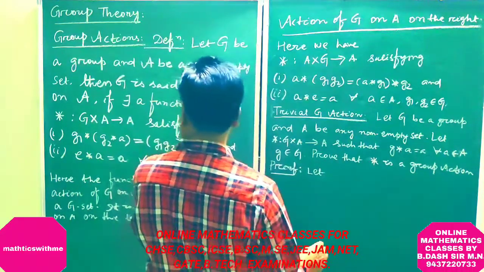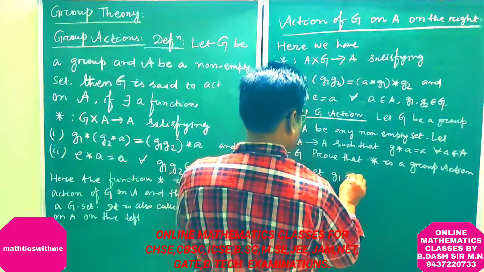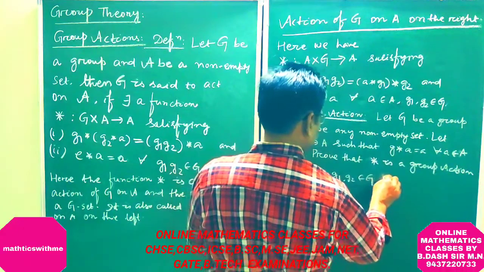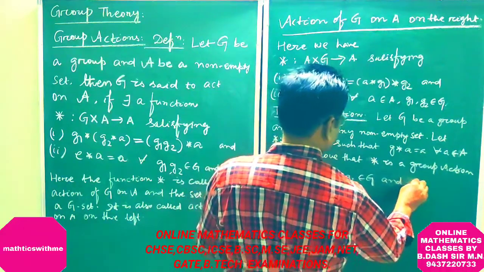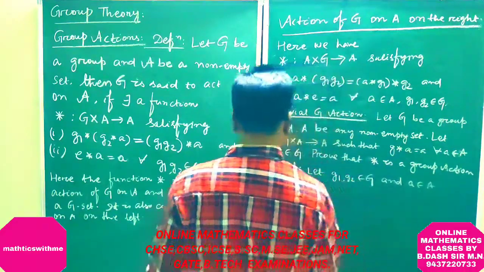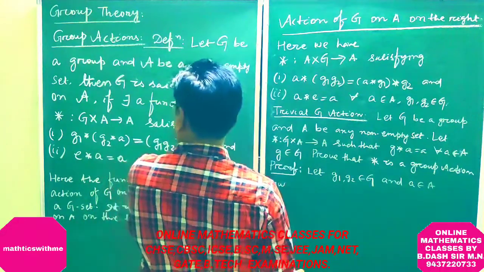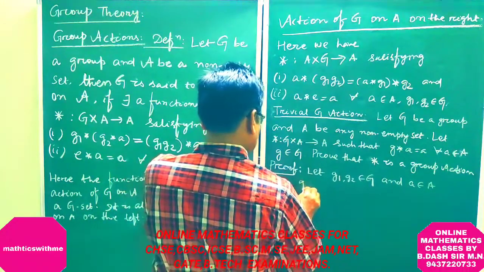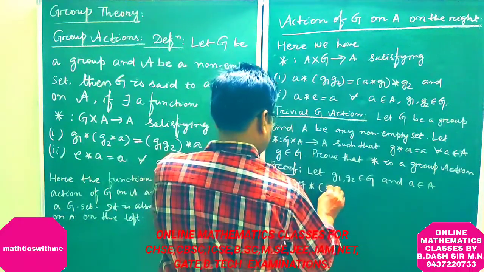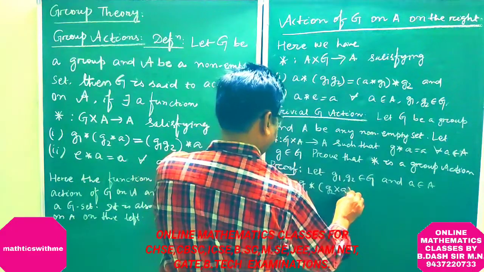Let g1, g2 belongs to G and a belongs to A. Now the first condition: g1 star (g2 star a).